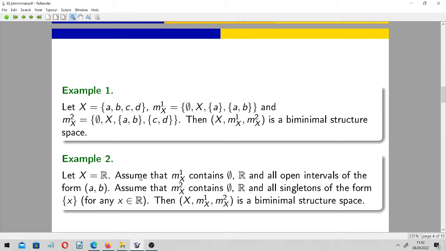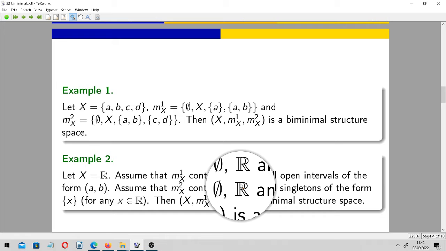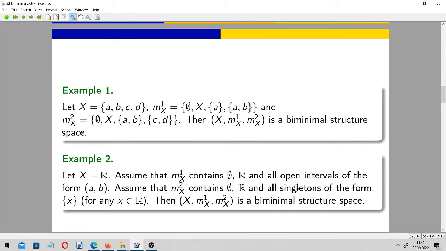Or take the set of real numbers, where the first minimal structure contains the empty set, the whole real line, and all open intervals of the form (a, b). Why not? (3, 4), (0, 1), (-1, 1), and so on. And assume that the second structure contains the empty set, the real line, and all singletons. Of course, any topology, any generalized topology, any infratopology is a minimal structure too.